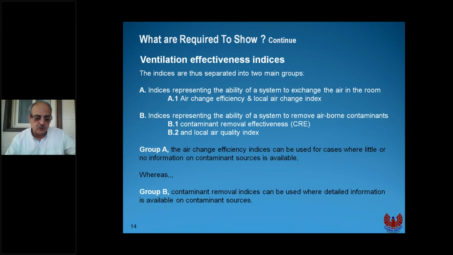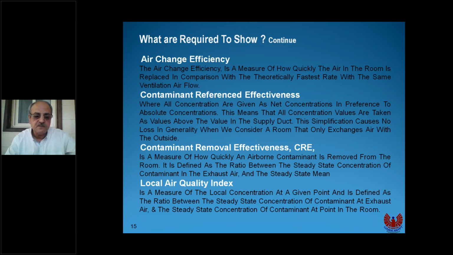The second group is where we define the CRE, the contaminant removal effectiveness, the efficiency of the system that you design to remove all contaminants, and we measure it against the optimum case. Here are the definitions.